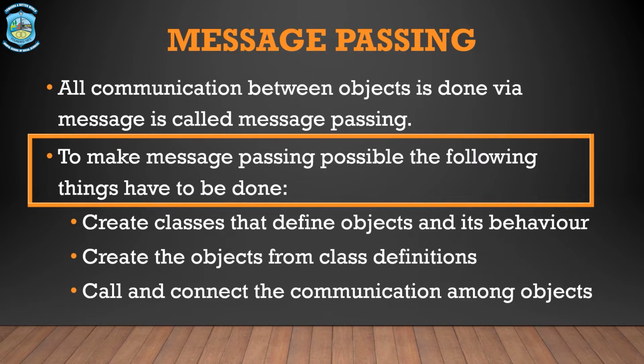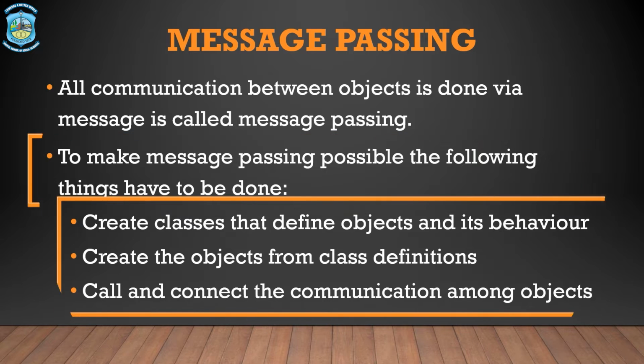To make message passing possible, the following things have to be done. Firstly, we need to create classes that define objects and their behavior. Now, we saw that a communication may take place from one object to the other. So in that case, to create an object, we need to create a class first, and only then we can create objects.